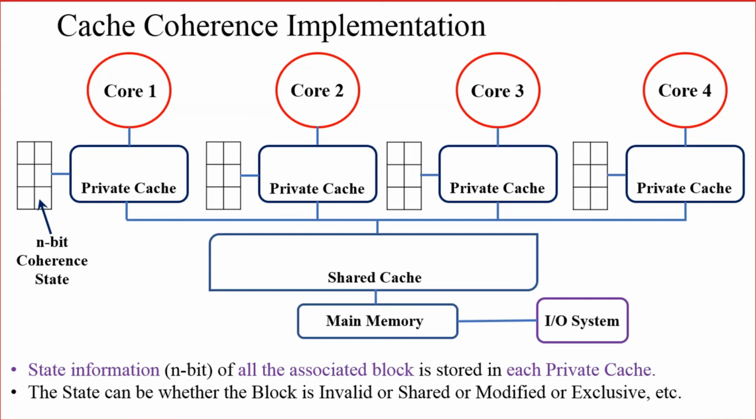With a four-state design, four states. How many bits are required for representing four states? 2 bits. If you have only two states, only 1 bit. So the n-bit state information of all associated blocks is stored in each private cache. The state can be invalid, shared, modified, exclusive, etc. This is how a basic cache coherence implementation is done.